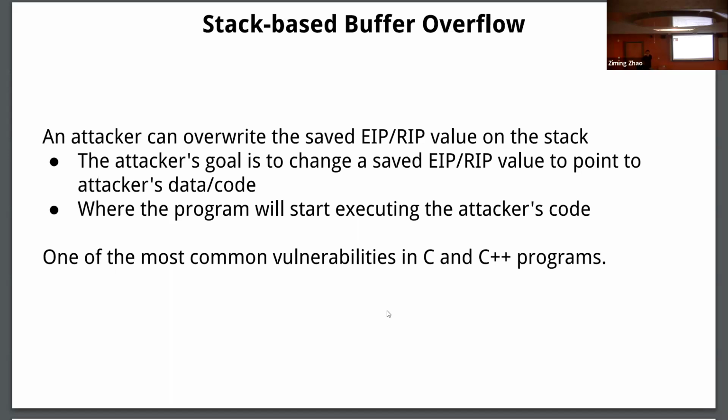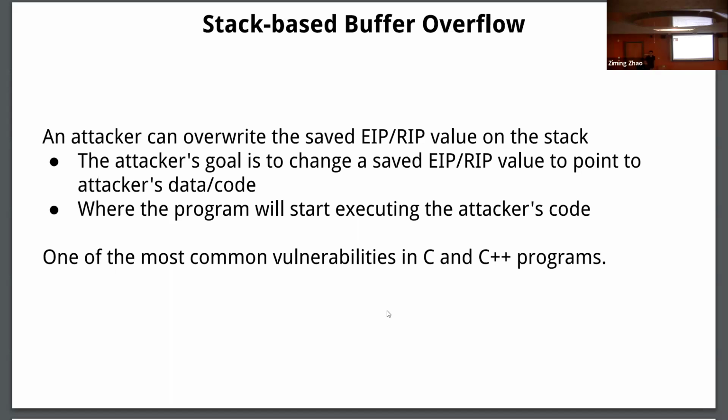So the ultimate goal of today is to overwrite the saved return address on the stack. I think next week or maybe the week after, we're going to overwrite the saved EBP or RBP value on the stack.